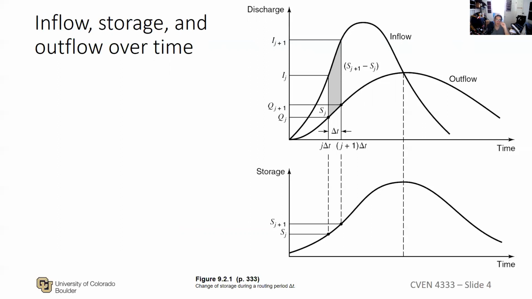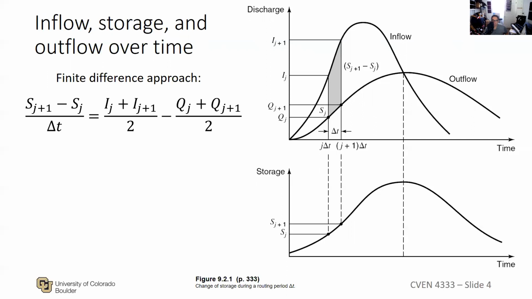And when we're working on real world discrete data that has time steps associated with it, we use a finite difference approach to give us that continuous differential equation, but in chunks of time that we can work with. So you have this very small delta t, and you're approximating what that integral would be.